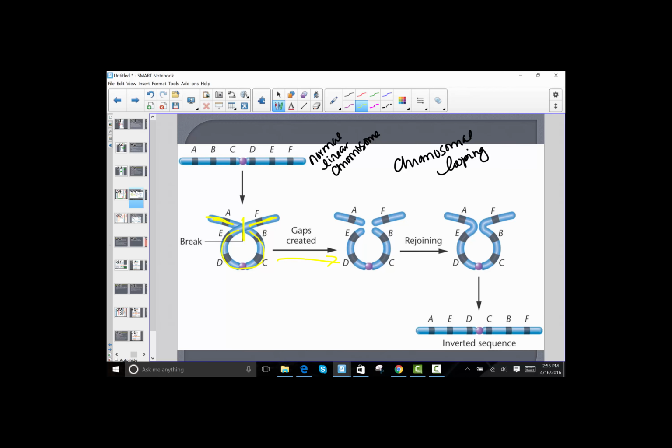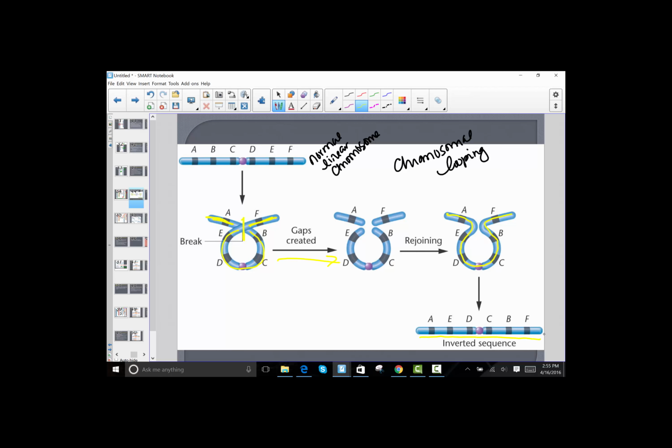If we actually have a situation where these are put back together again, this is what happens. So you're going to get A, E, D, C, B, and F. In this particular instance, we now produce a chromosome with an inverted sequence down here.